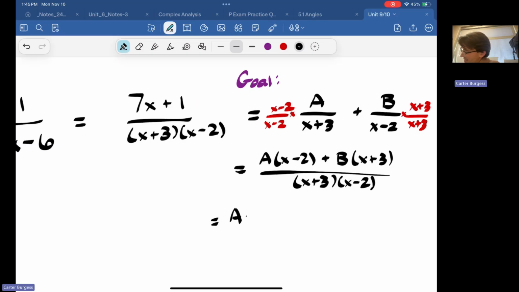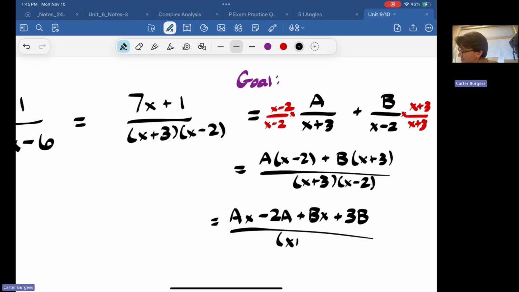This is ax minus 2a plus bx plus 3b all over this denominator of x plus 3 times x minus 2.